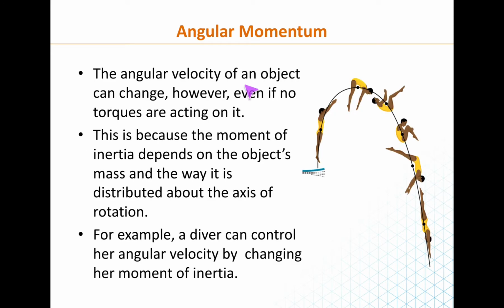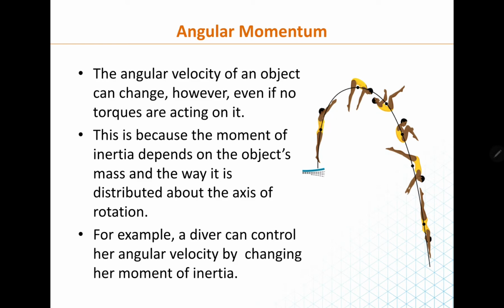The angular velocity of an object can change, however, even if no torques are acting on it. This is because the moment of inertia depends on the object's mass and the way it is distributed about the axis of rotation. What does that mean? For example, a diver can control her angular velocity by changing her moment of inertia.